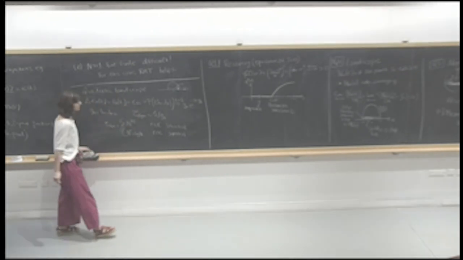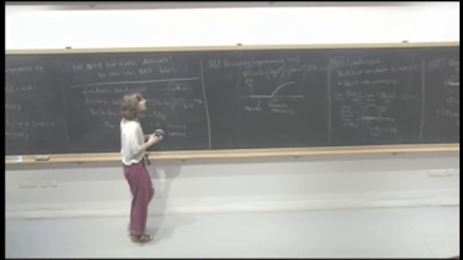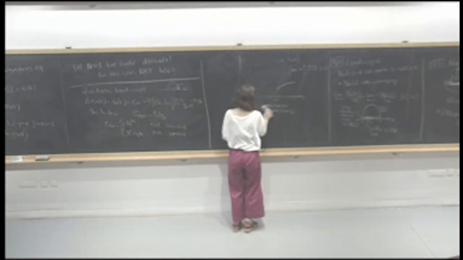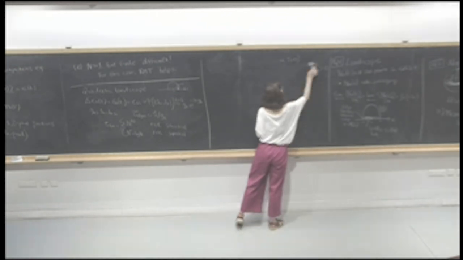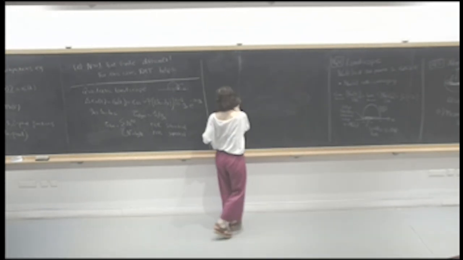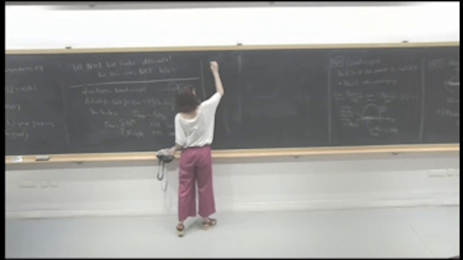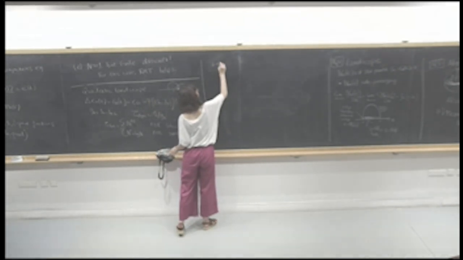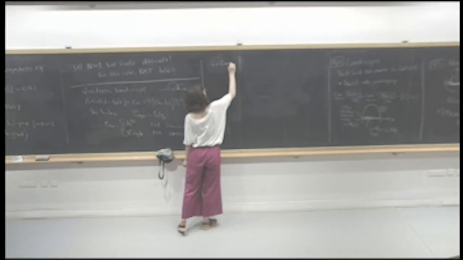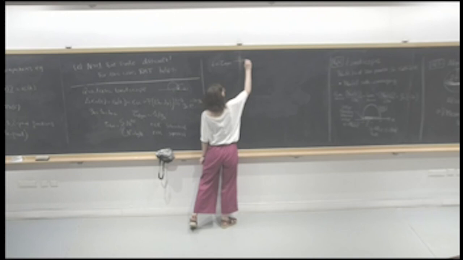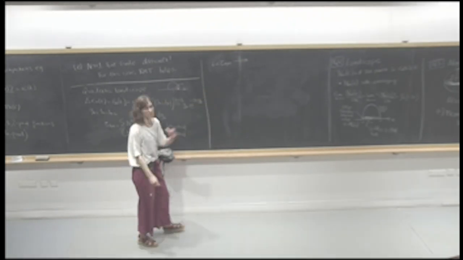So what does this crossover timescale tell you? Well, it tells you that as soon as you look at times which are much smaller than this timescale, your dynamics is well described by this mean field limit.